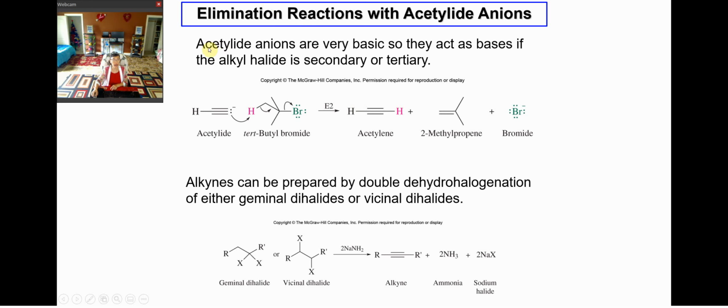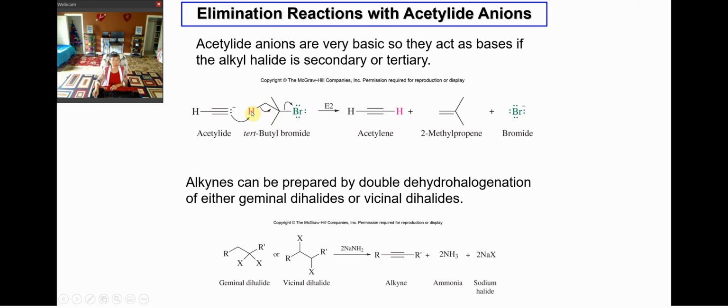If you have an acetylide ion, you are going to react it with halides. Those halides are not primary halides. They are secondary or tertiary halides. What's going to happen? These secondary or tertiary halides, for example, this tert-butyl bromide, are going to be subjected to an elimination reaction.